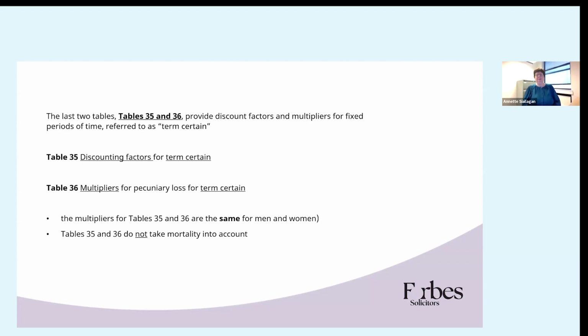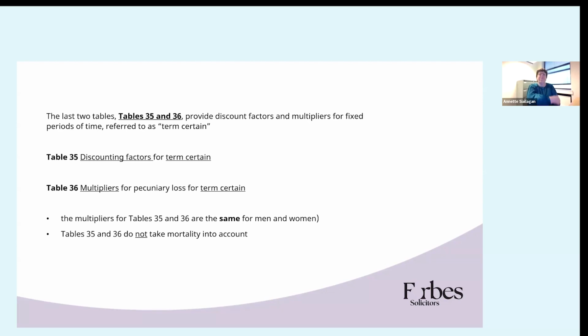You will use table 35 to calculate how that sum would be discounted, to take into account that you're basically getting accelerated receipt for that.